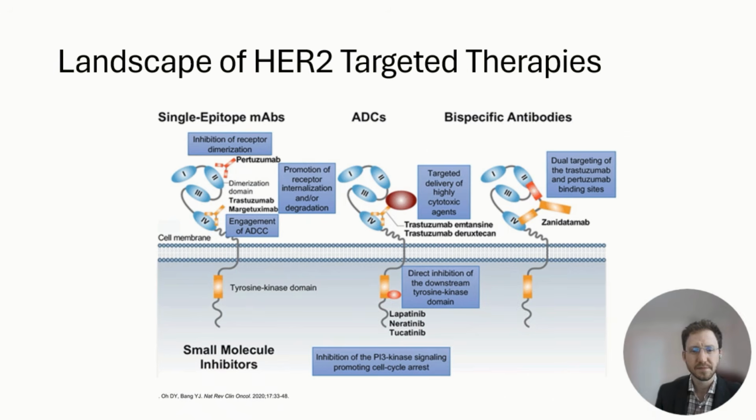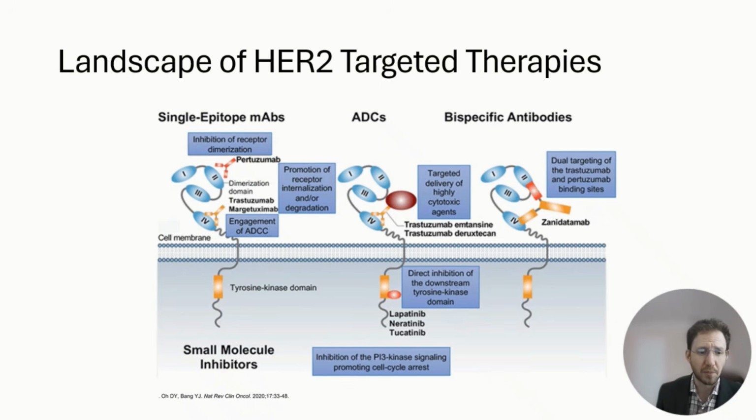And also a little bit deeper of a dive into the HER2 targeted space. And we have numerous ways of targeting HER2, thanks to the acceleration of drug development in other cancers. And that can be from a single epitope monoclonal antibody, drug conjugates, bispecific antibodies, and small molecule inhibitors.